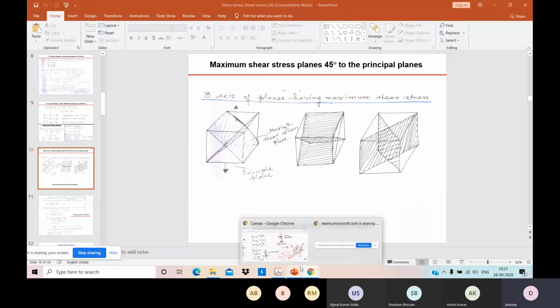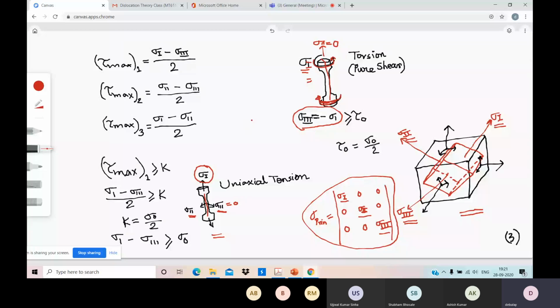Why am I saying all these things? Because, come back to the canvas screen. So what I understand is, if I consider these and these principal stress components, then these 45 will be my two sets of maximum shear planes. Similarly, if I consider these and these principal components, those will be inclined 45 degree with respect to them.